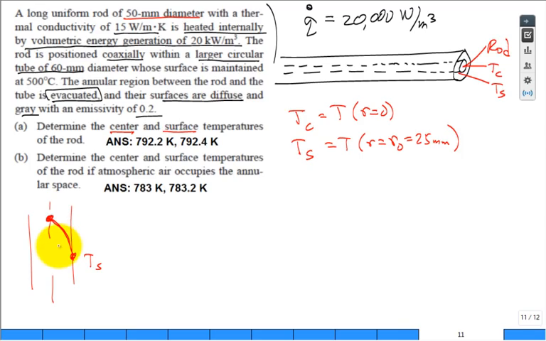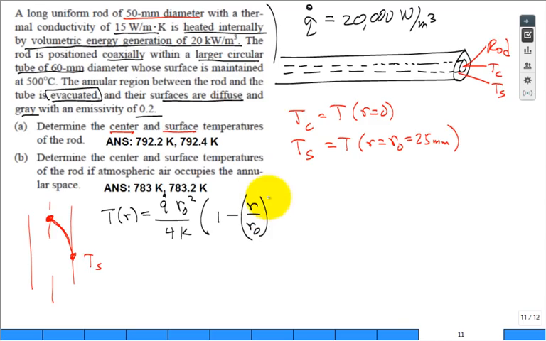And what was my equation? Take a look here at my notes. You find that the temperature as a function of location r is equal to Q dot times r naught squared divided by 4k times 1 minus r over r naught quantity squared plus Ts.